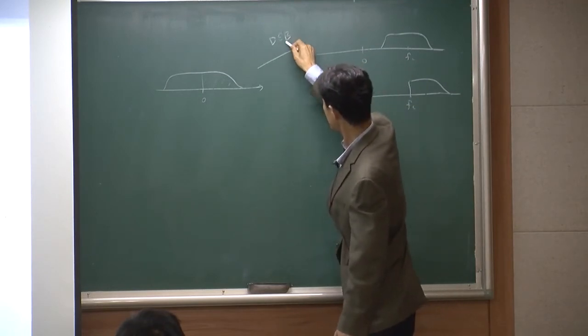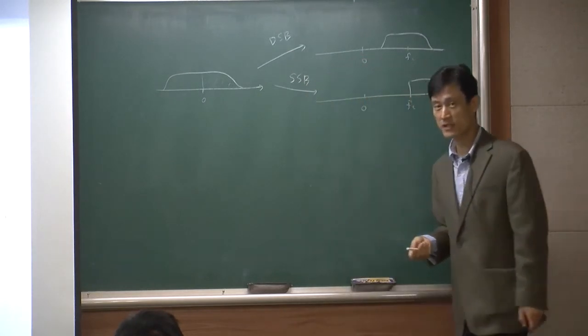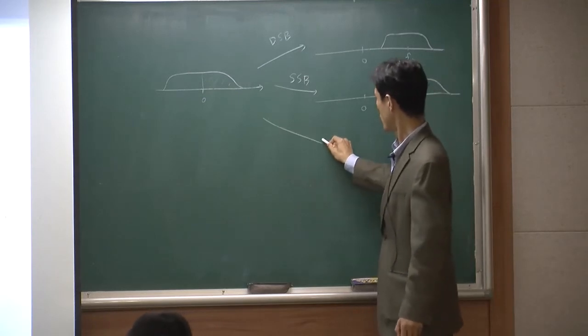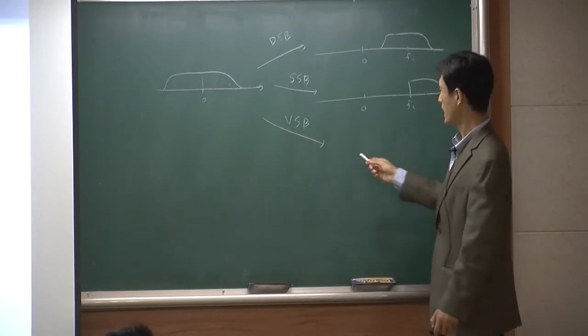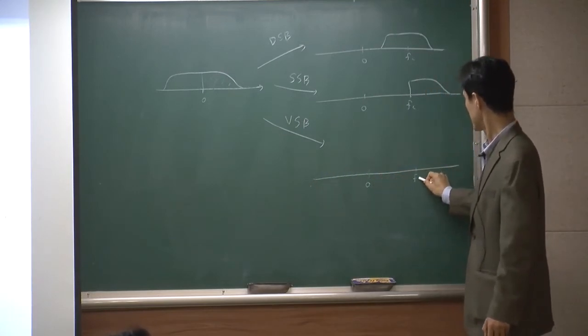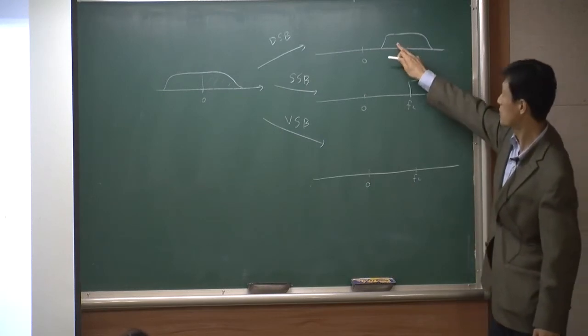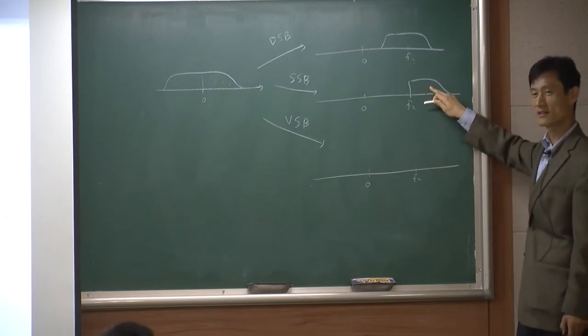So what they do is, this is the case of double sideband. This is the case of single sideband, right? So instead of these two, what they try to do is use VSB. And how they do it in VSB is that in double sideband, you use both sides. In single sideband, you use only one side.